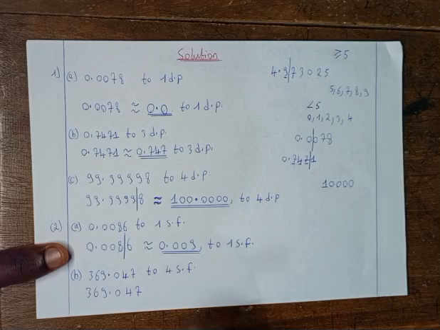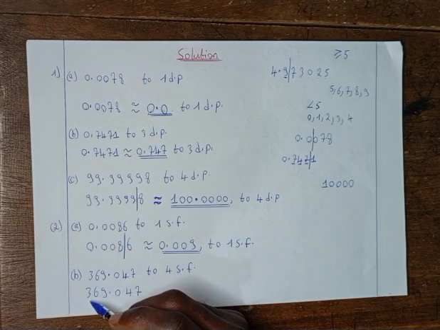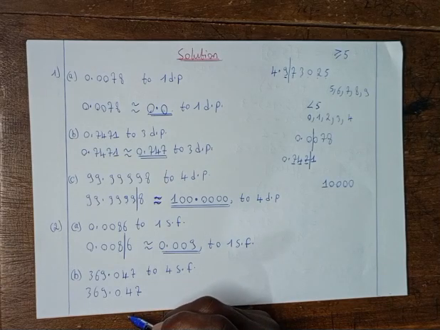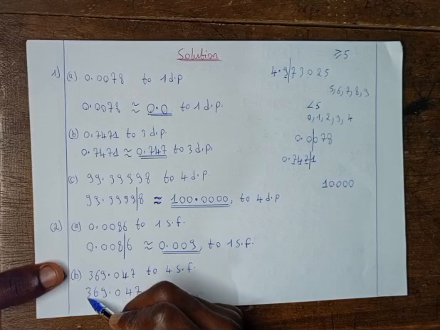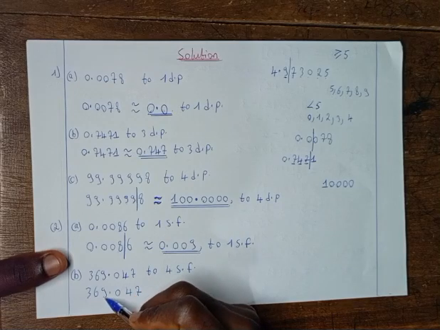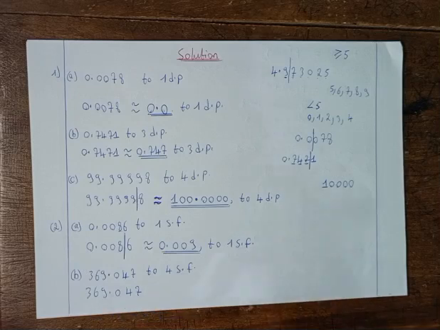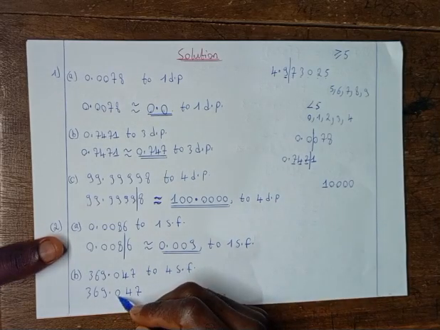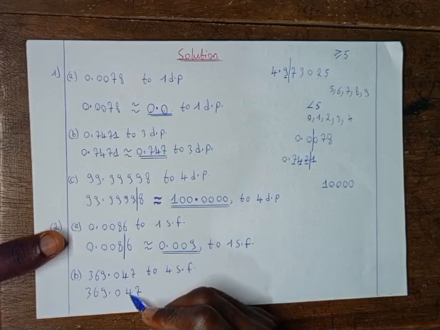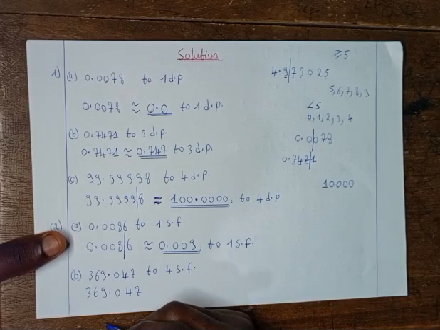Here, the first significant figure is 3. You can see that this number begins with non-zero digits. This is the first significant figure, the second, the third. This 0 here, which is found in between non-zero digits, is a significant figure. This is the fourth significant figure. This is the fifth significant figure. This is the sixth significant figure.